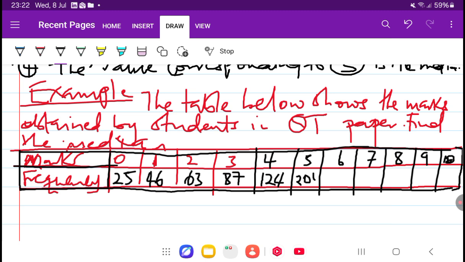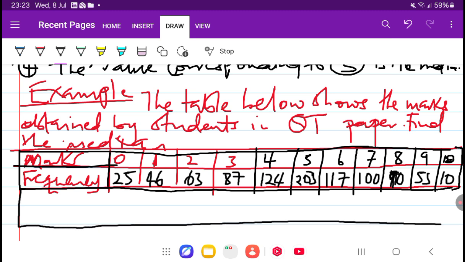This is 203. This is 117. This is 100. This is 90. This is 55. And the last one is 10. So we want to get the median.